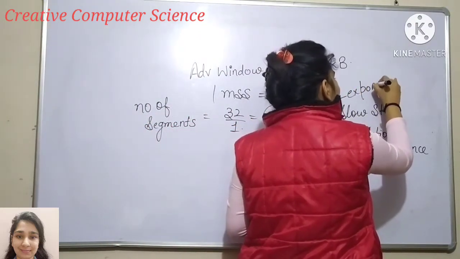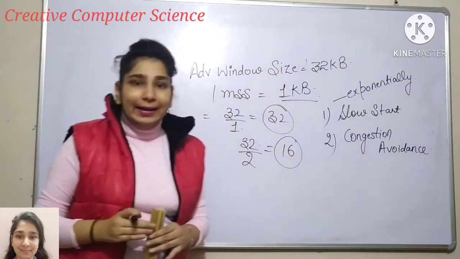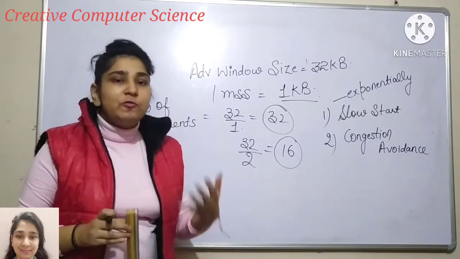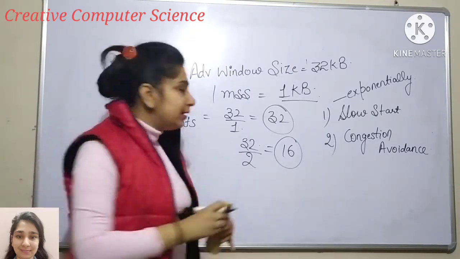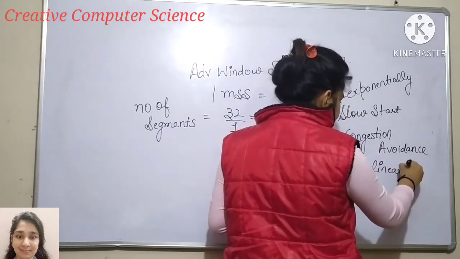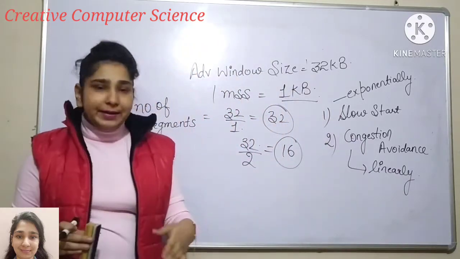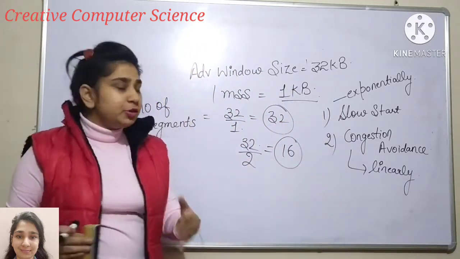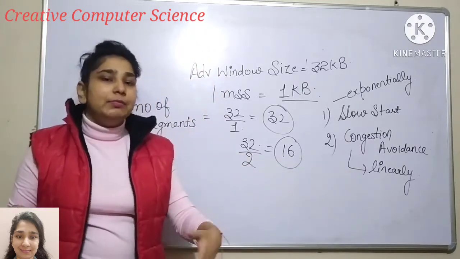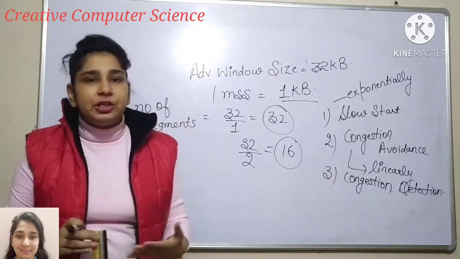While in the congestion avoidance phase, we increase the total number of packets in the network linearly, one by one.